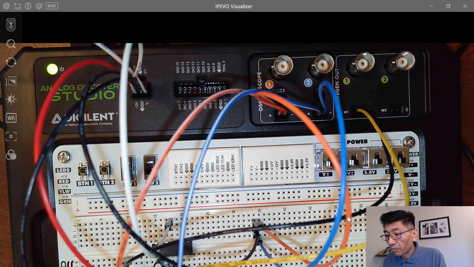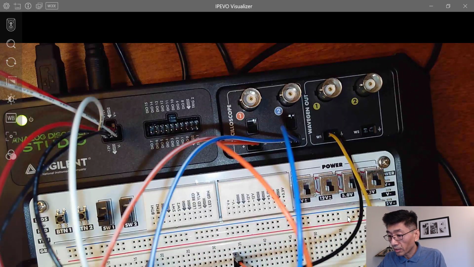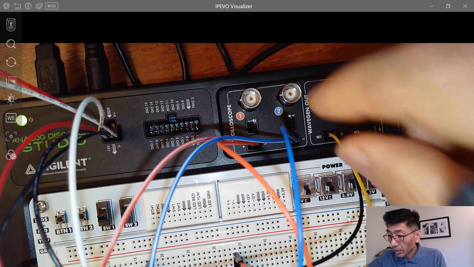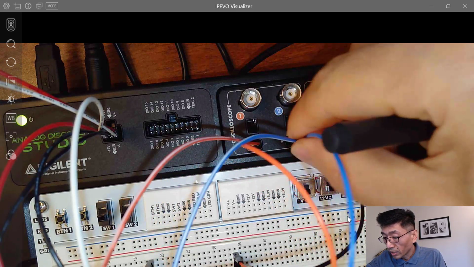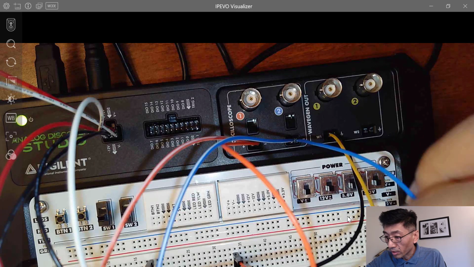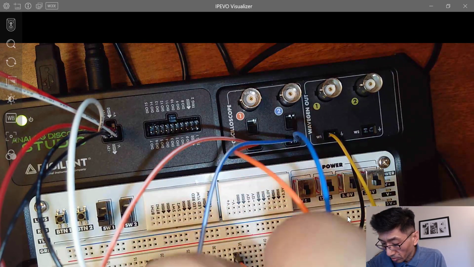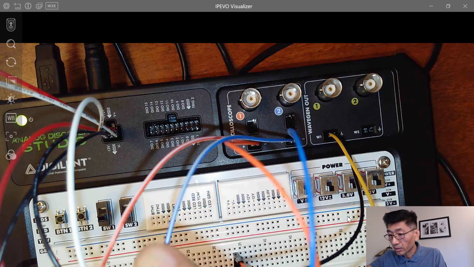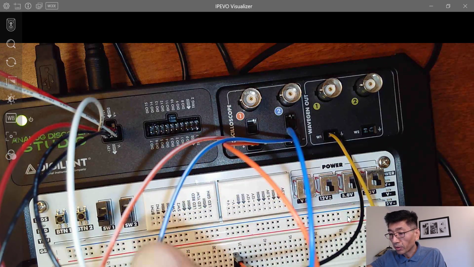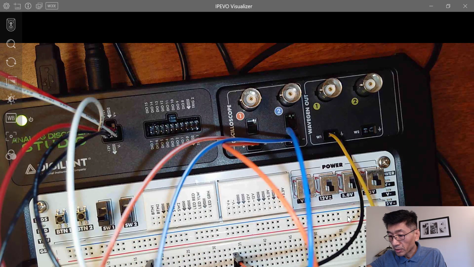What I'm measuring here is, there are 2 channels. The channel 2 I'm measuring here, this is the ground, and this is the signal. The signal actually goes to terminal 2, that's the input. So I'm monitoring the input waveform, the number 3.